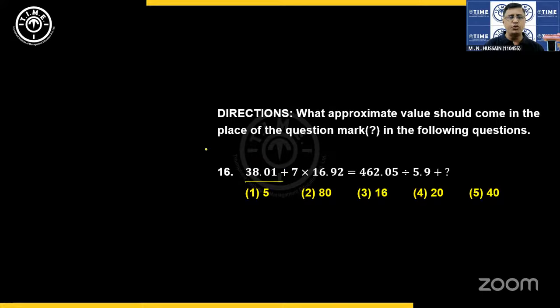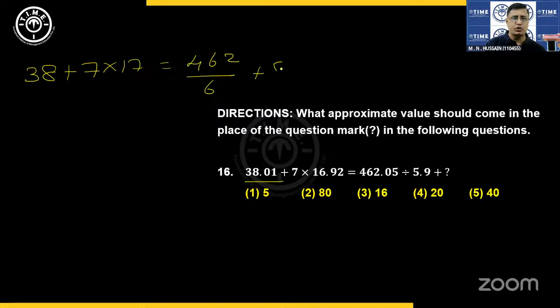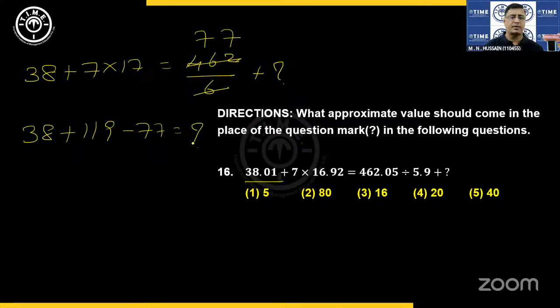Here 38.01 means I am taking 38 plus 7 into 17 is equal to 462 by 6 plus question mark. 6 it goes how many times? 7 times, and 7 times 6 is 42. Again 42 left. So 7 times. Now 38 plus 7 times of 17, that is 119 minus 77 is equal to question mark.